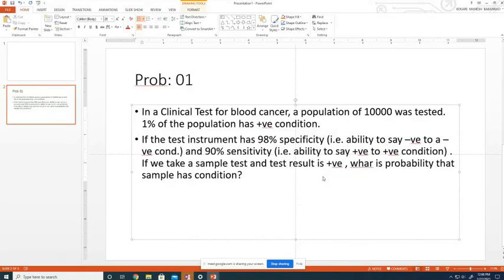Then the question is, if we take a sample and the test result is positive, what is the probability that the sample has the condition? Okay, so this is a real life example where we have to solve such kinds of problems.